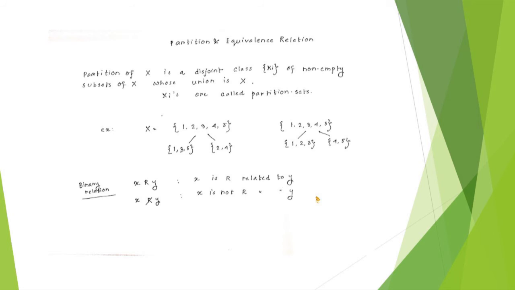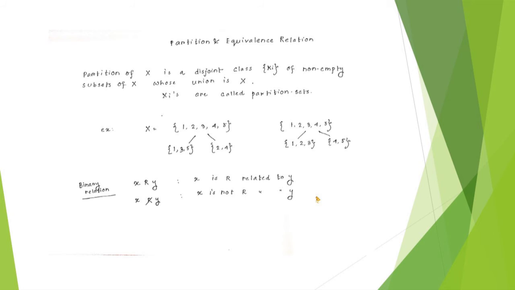This can be expressed somewhat differently. A partition of a set X is a result of splitting it or subdividing it into non-empty subsets in a way that each element of X belongs to one and only one of the given subsets.